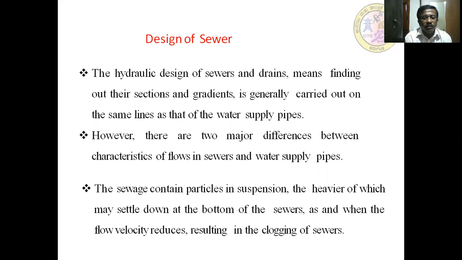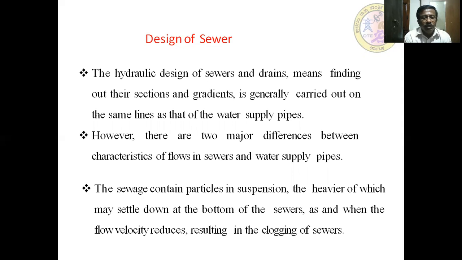However, there are two major differences between characteristics of flow in sewers and water supply pipelines. When compared to the design of a water supply pipeline, there are a number of differences, out of which two main ones are: water supply is designed for running full condition while sewer is partial flow, and usually the flow in water supply pipelines is under pressure, but in sewers flow occurs by gravitational flow only.